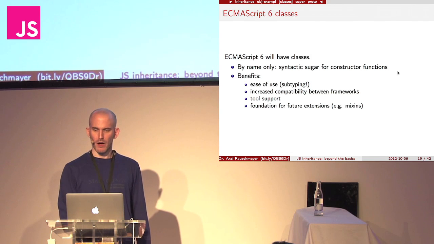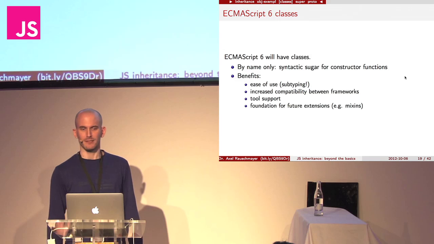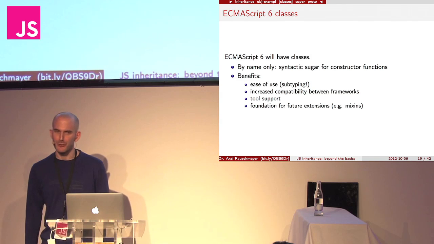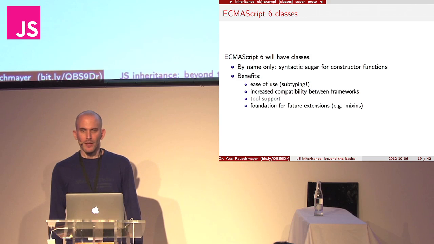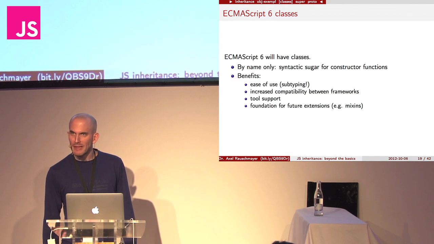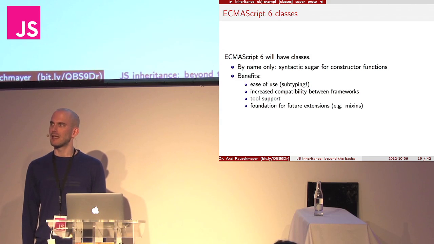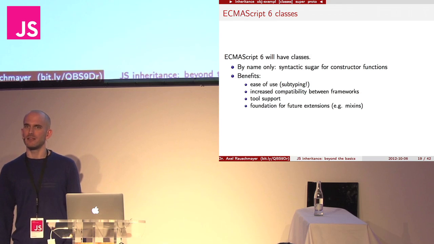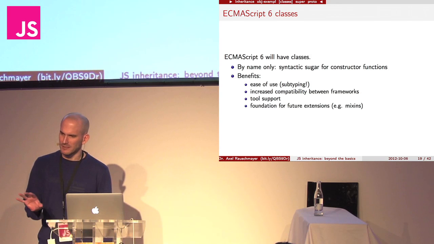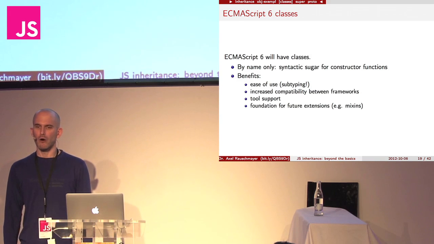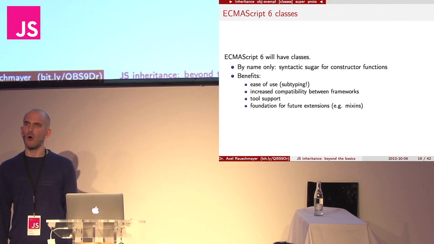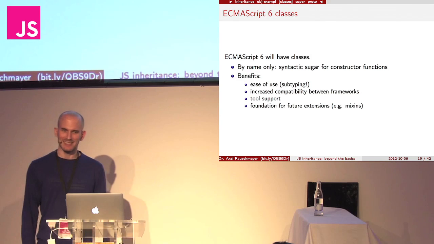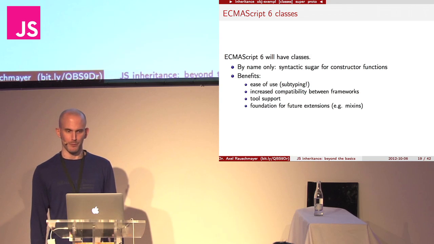But the benefits are quite impressive because you get ease of use, especially when it comes to subtyping. You get increased compatibility between frameworks, and at the moment it's kind of a trend or a rule that if you have a framework, it usually comes with its own inheritance API, and that's a bit sad, but sometimes unavoidable.